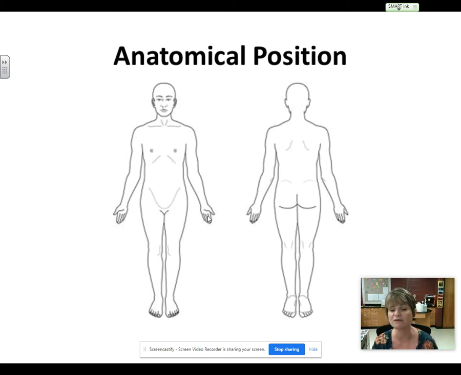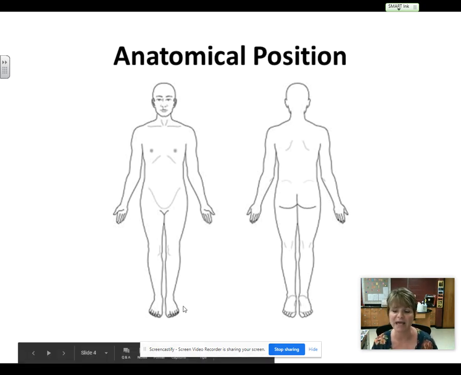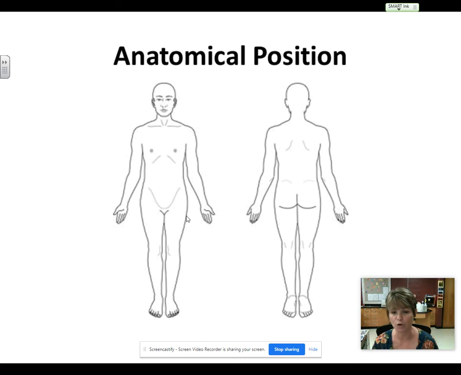The palms are facing forward. And then the last thing I want you to tell me is that the feet and legs are together. So those are the three things. When I ask you to describe anatomical position for me, those are the three things I'm looking for. Arms at the sides, feet and legs together, palms facing forward. I don't care what order you give me those, but that is how we describe anatomical position.